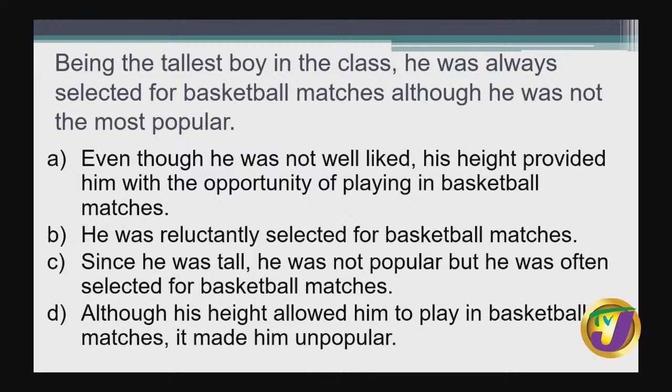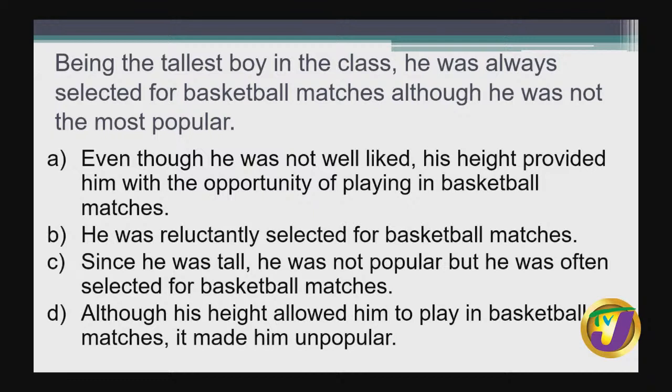B says, he was reluctantly selected for basketball matches. C says, since he was tall, he was not popular, but he was often selected for basketball matches. And then D says, although his height allowed him to play in basketball matches, it made him unpopular.